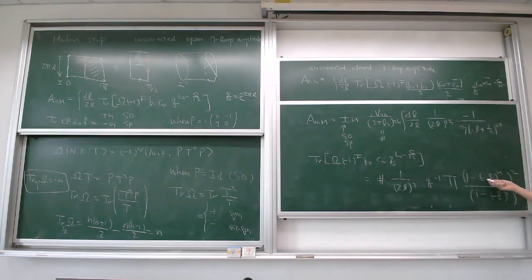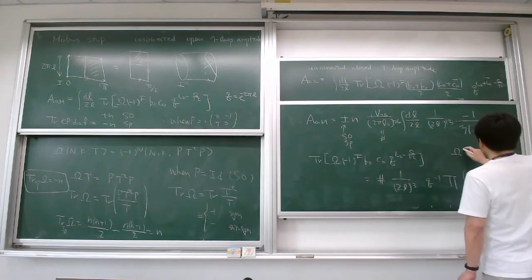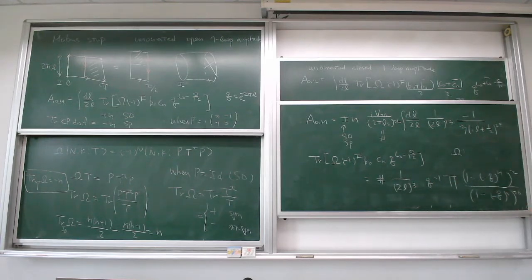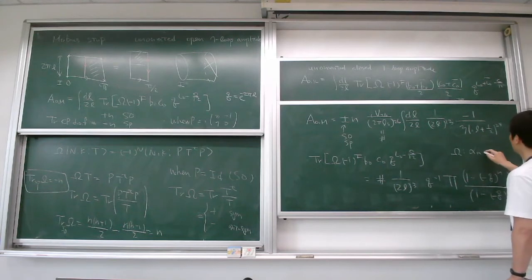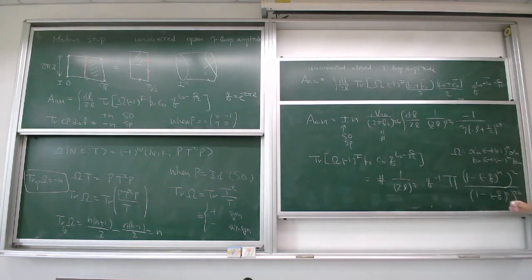So this minus sign really comes from the following. When I apply omega on the open string, alpha n is mapped to minus 1 to the n alpha n, and bn is also the same, minus 1 to the n bn, and so on. So you get the minus sign, minus 1 to the n.